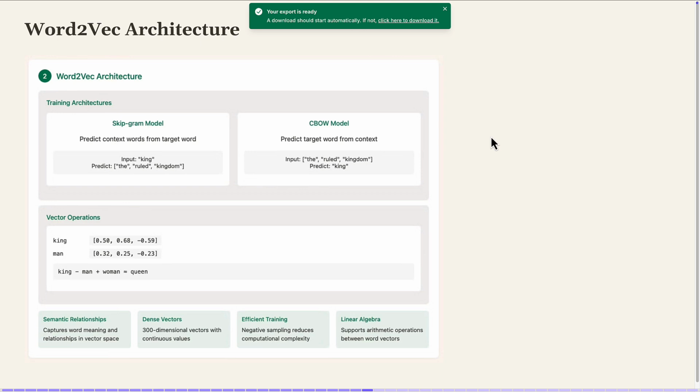This one takes an input word and will try to predict the context words. This is the opposite: we give it the context, for example, ruled, kingdom, and actually the king ruled the kingdom. So this is how we can try to identify the semantic relationship based on the corpus that we'll be using in the training.